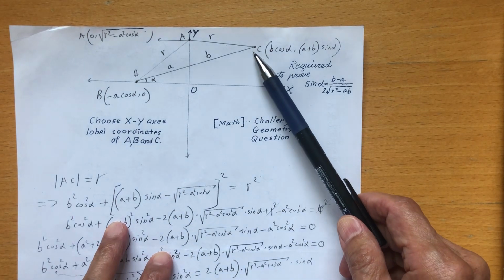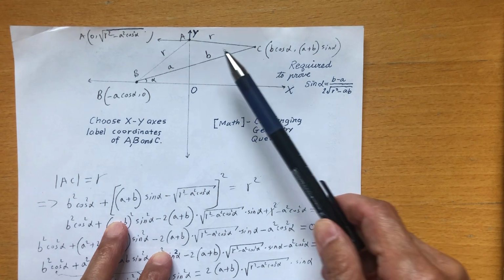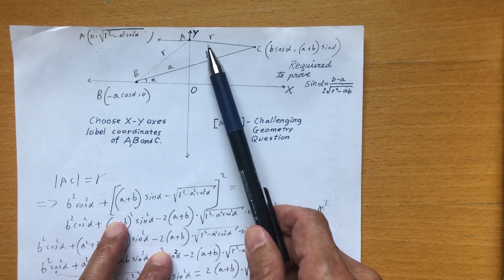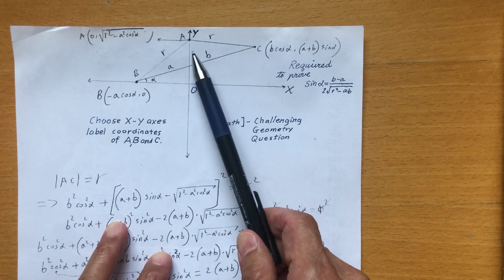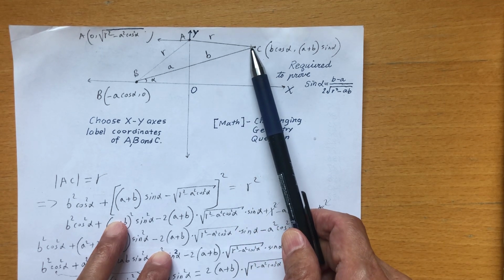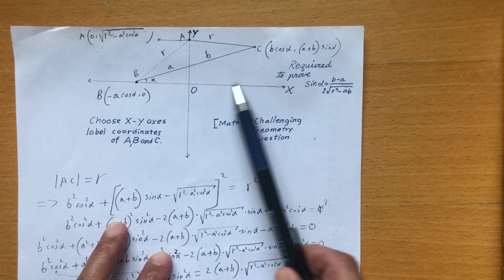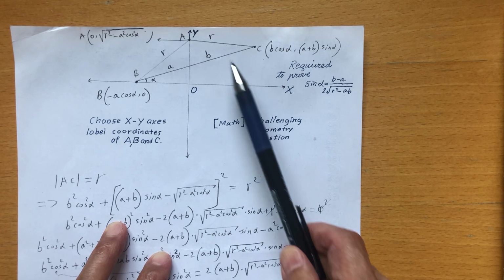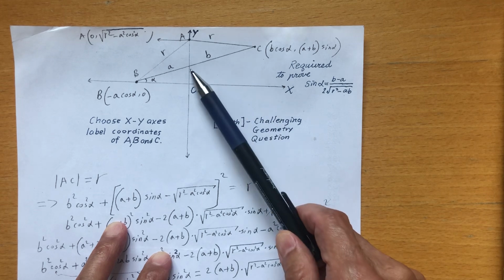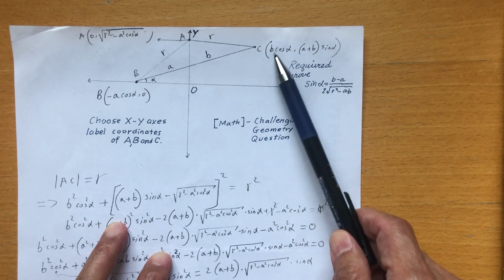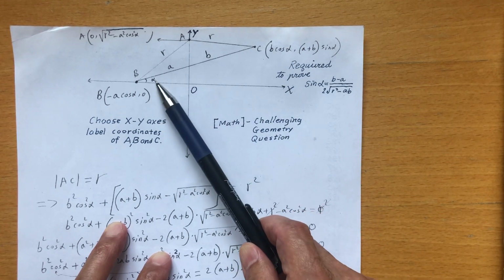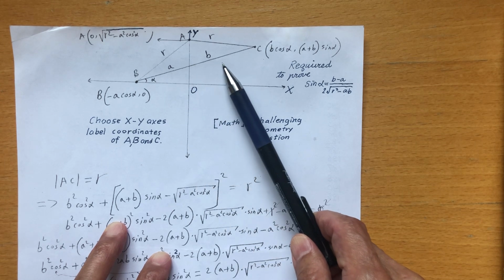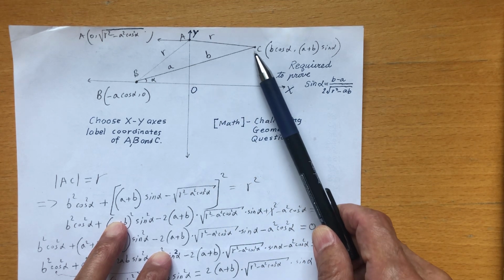The coordinates of point C, the x coordinate should be this distance. And this distance is the same as this distance. So what is that? This distance is B cosine alpha. Alpha is here. You draw a right triangle like this.